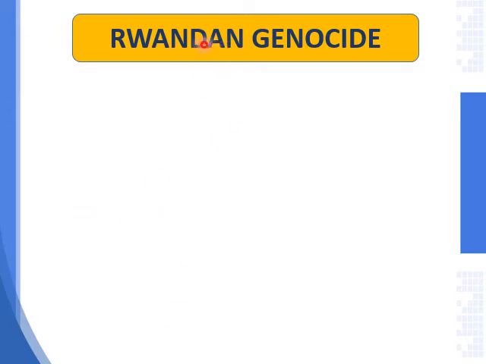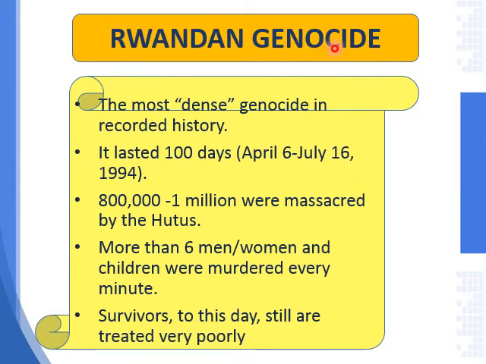Imagine how terrible the Rwandan genocide was. It is probably the densest genocide in recorded history. The genocidal event lasted 100 days, from April 6 to July 16, 1994. 800,000 to 1 million were massacred by the Hutus.